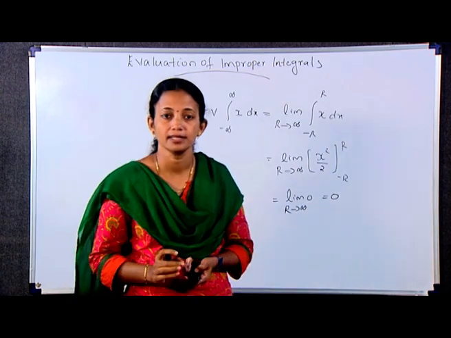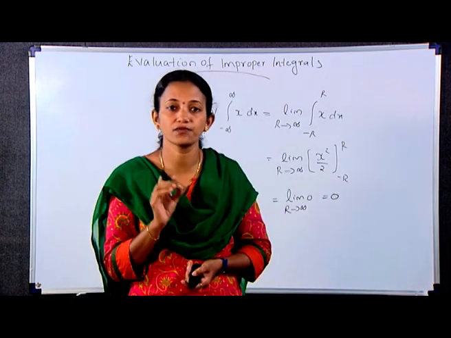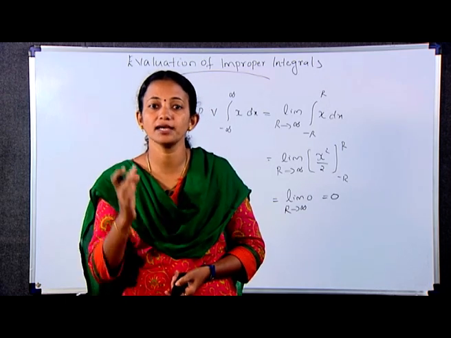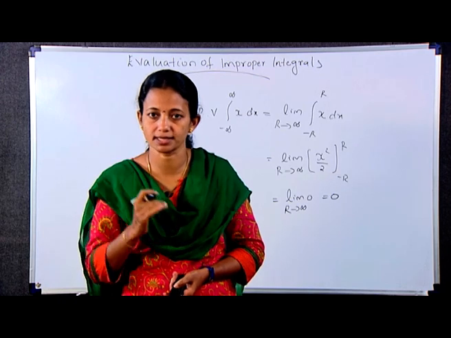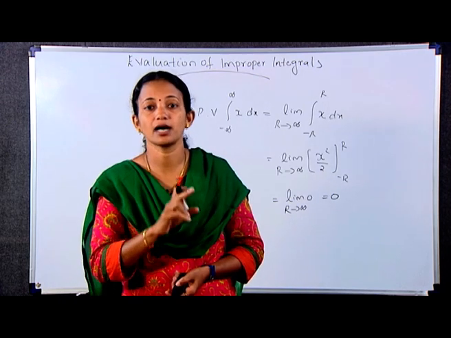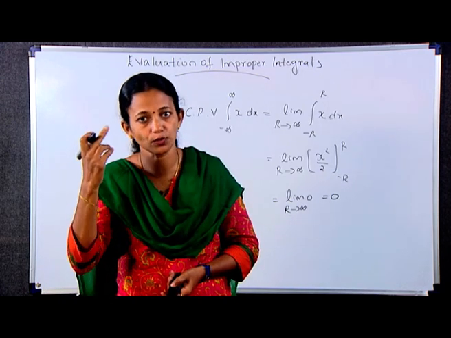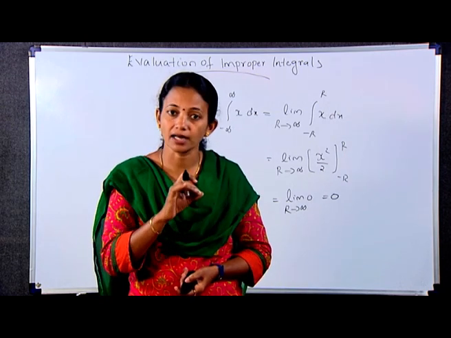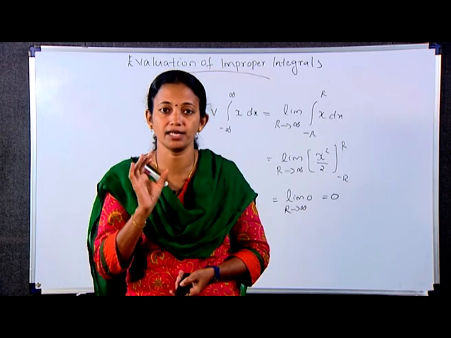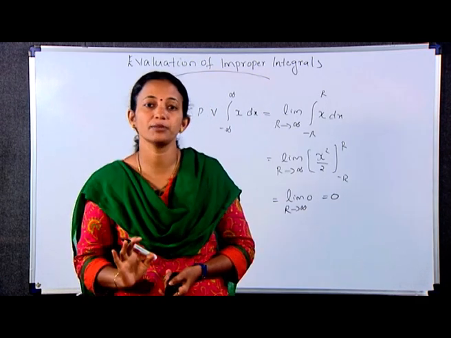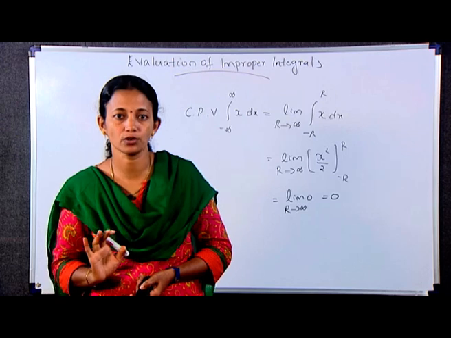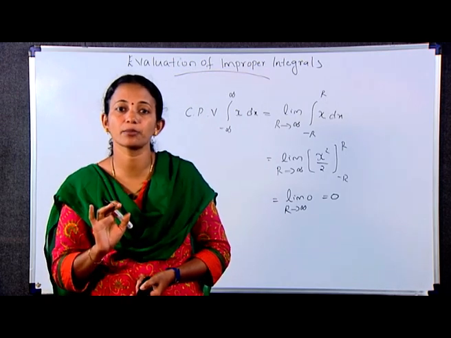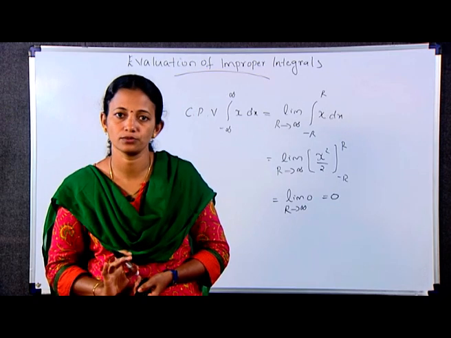On the other hand, integral from minus infinity to infinity of x dx is equal to the limit as r1 tends to infinity of integral from minus r1 to 0 of x dx plus the limit as r2 tends to infinity of integral from 0 to r2 of x dx. It is again the limit of x squared by 2 over the limits minus r1 to 0 plus the limit of x squared by 2 over the limits 0 to r2.